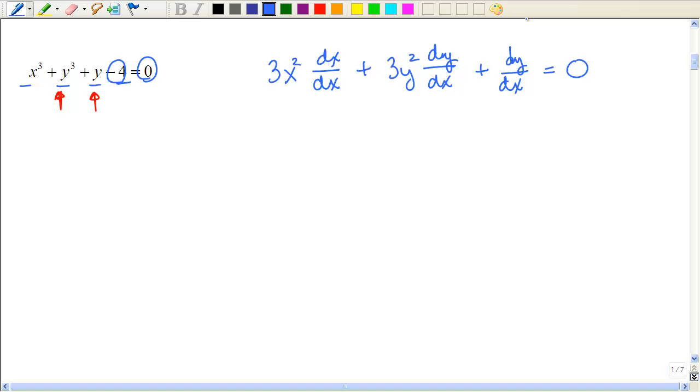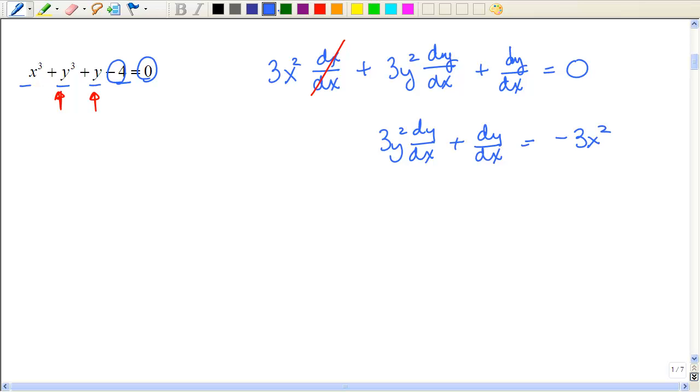All right, so now how do we start solving for dy/dx? Well, I'm going to cancel that out, that's a 1. All right, so since these two terms have dy/dx, I'm going to keep those. And I'm going to move the 3x squared to the other side, and of course it makes it negative.